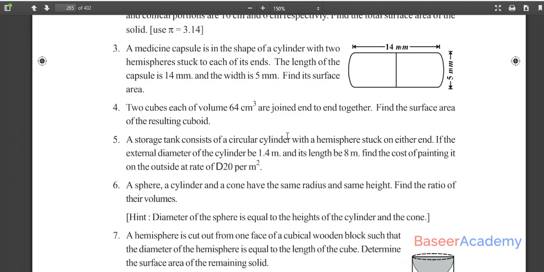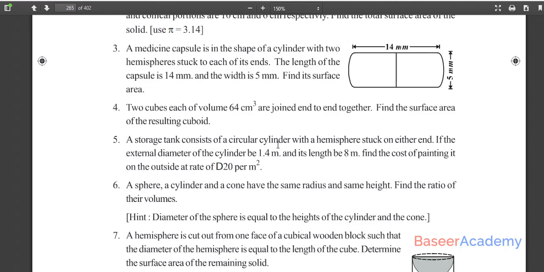In the same way, the fifth question also says that there's a circular cylinder with hemispheres stuck on either end. The diameter is given as 1.4 and the height of the cylinder is given as 8 meter. You have to find out the cost of painting it on the outside at the rate of 20 per meter square. This I am going to leave because this is pretty simple.